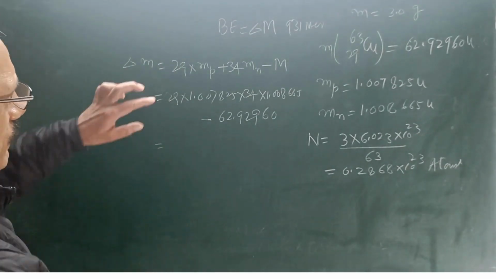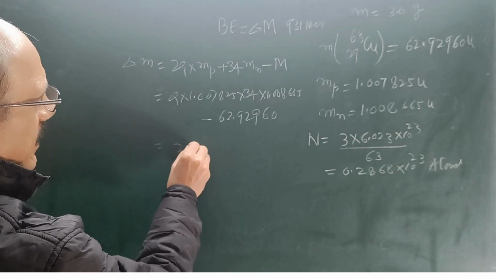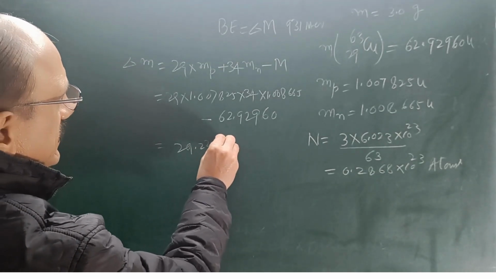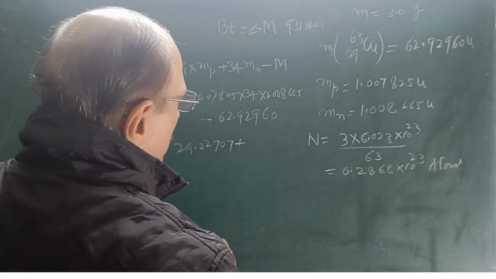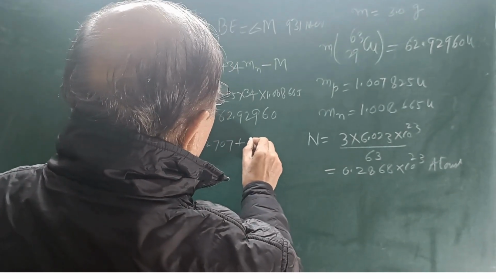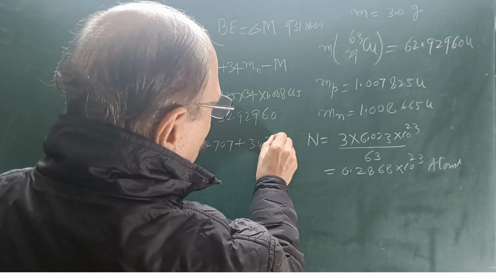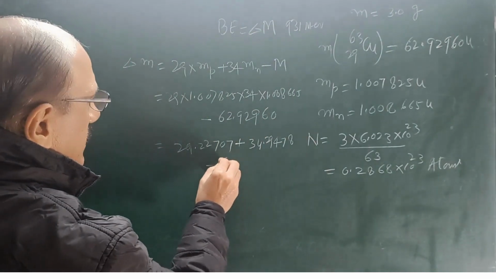So 29 into this multiplication comes to be 29.22707, plus 34 into this comes to be 34.29478, minus 62.92960.